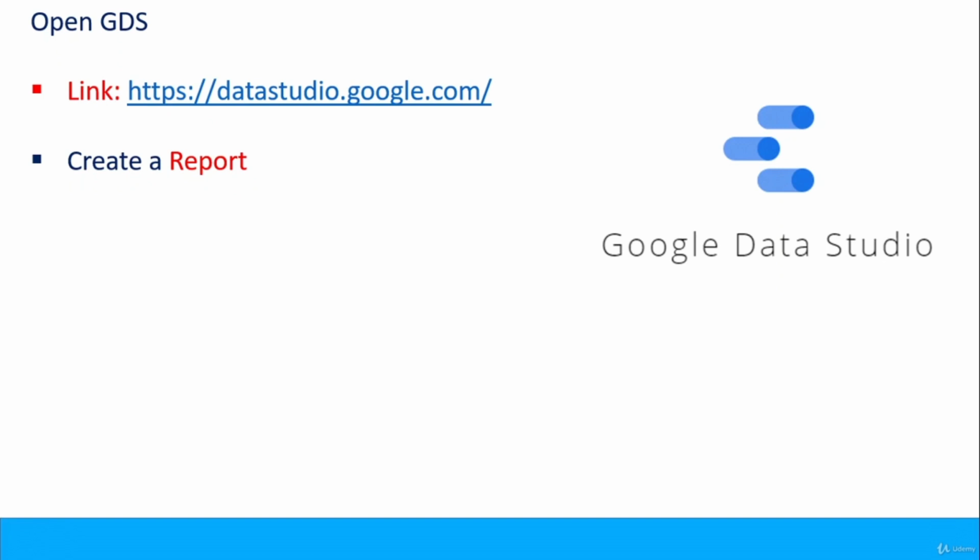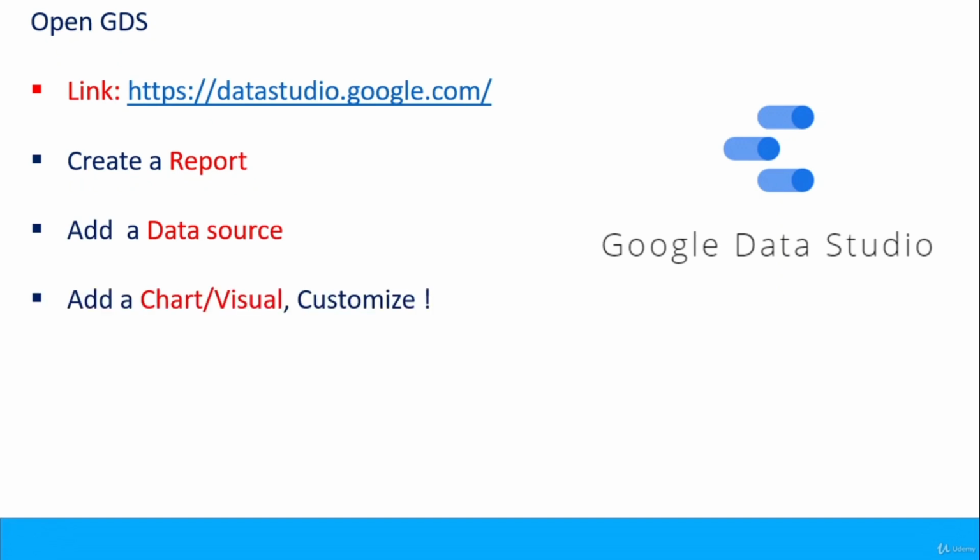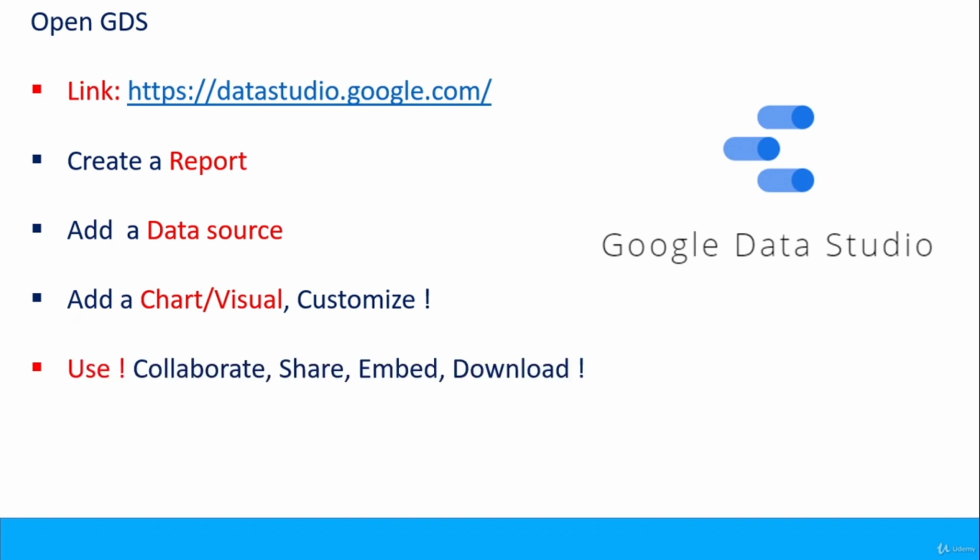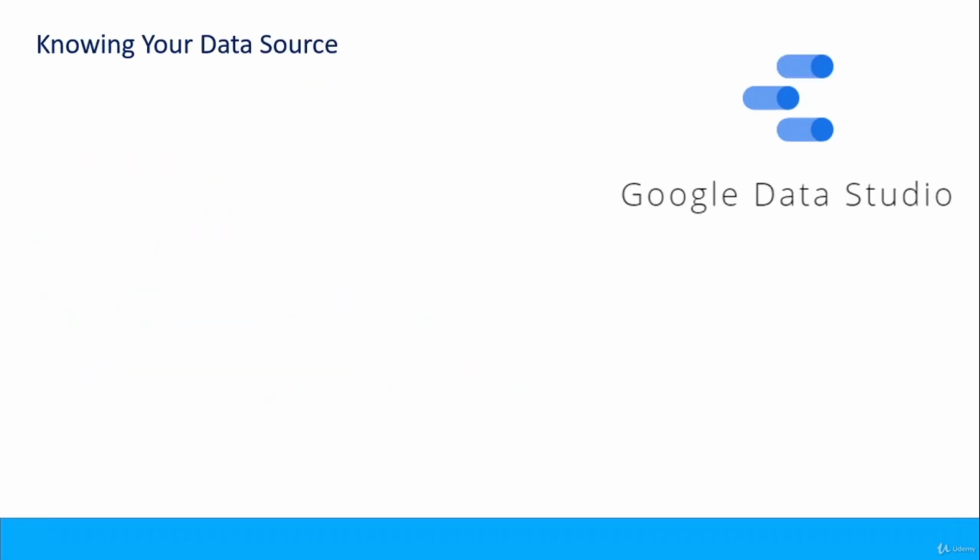We need to connect a data source for it, and using different charts or visualizations we will create the actual visual of the data, and then use it to collaborate, share, embed and download with your client. So this is how Google Data Studio will be used.